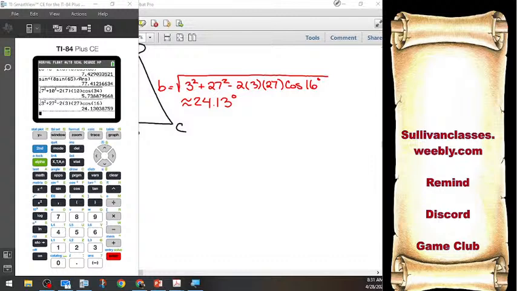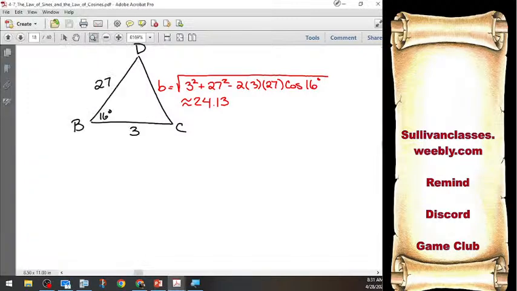Once I've got 24 and change, now we go find angles. Which one should I find first, though? I want to find D because it's smaller if I'm using law of sines. But if I'm going to law of cosines, I don't care.